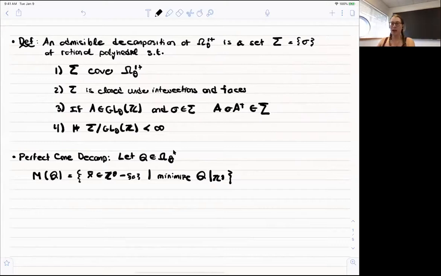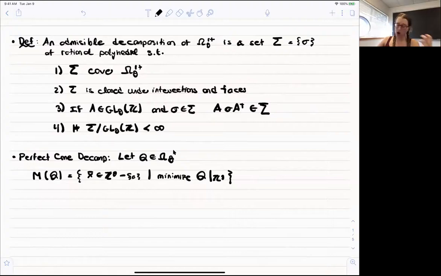So what do I mean? I mean, if I think about Q as a function just on the lattice without 0, x has to be a vector that minimizes that function. It might not minimize it globally, but on this lattice it does. So essentially, I'm looking at the vectors of shortest length with respect to this quadratic form Q.